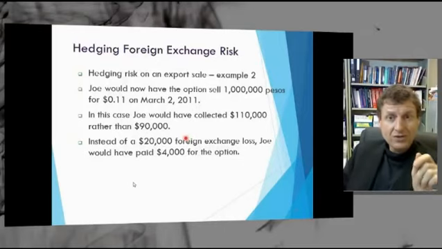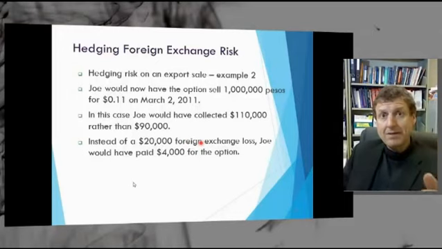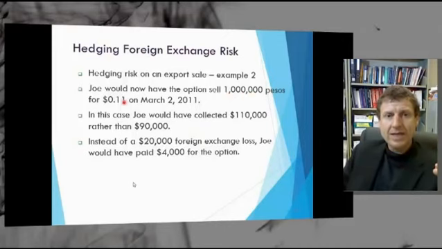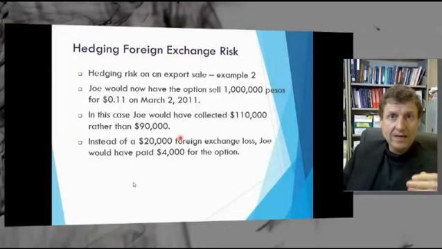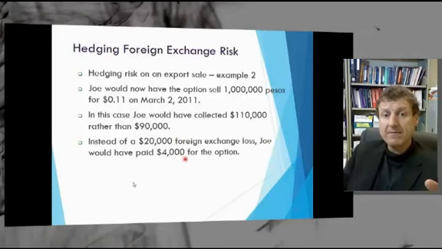Under the option contract, there's that premium you pay for the option right at the beginning, $4,000, that allows Joe to lock in 11 cents on March 2nd, 2011. Joe would have collected $110,000 rather than $90,000, and after paying the $4,000 on the option, his net cost will be $4,000. So in other words, he would have saved $16,000 of that loss: $20,000 minus that $4,000 option.